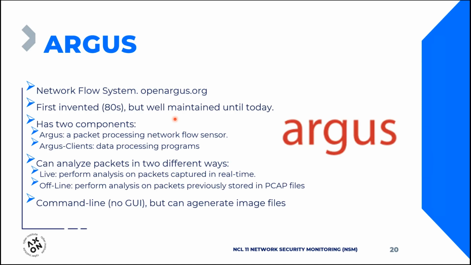It has two ways. It can either capture traffic live and generate the statistics about the session while it is capturing traffic in real time, or you can feed it already captured packets that have been captured before. You can feed it into Argus, and then it will generate statistics about it.